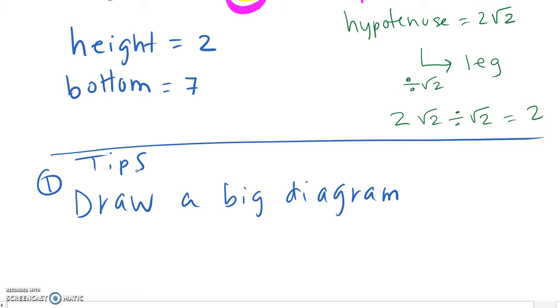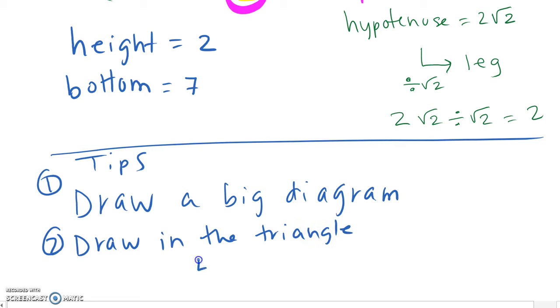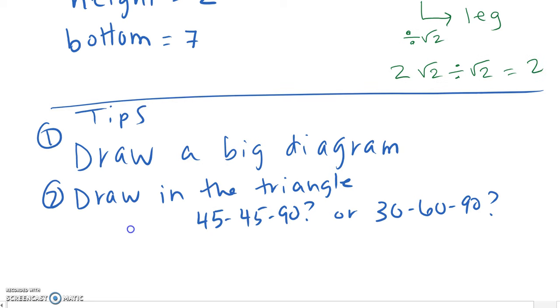It helps with the problems. You have to draw on the triangle. And you need to realize, is it 45, 45, 90? Or 30, 60, 90? Or sometimes you might have one of each in the same picture. But you want it to specifically be a triangle.